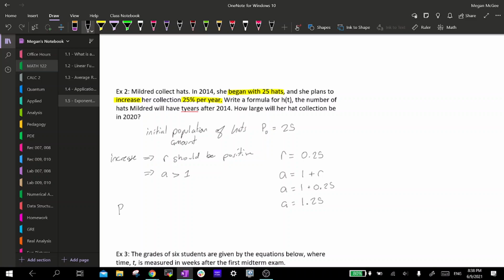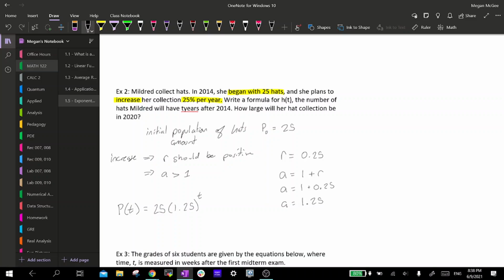So our population of hats at time t is our initial population of 25 hats, multiplied by our base A, 1.25, to the power of t. We need that exponent in there.